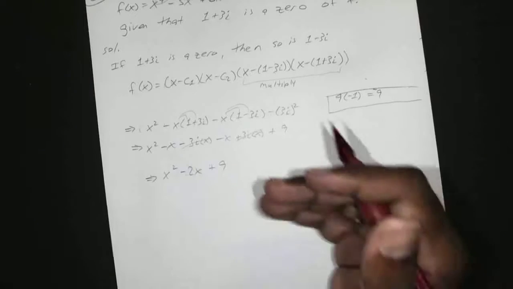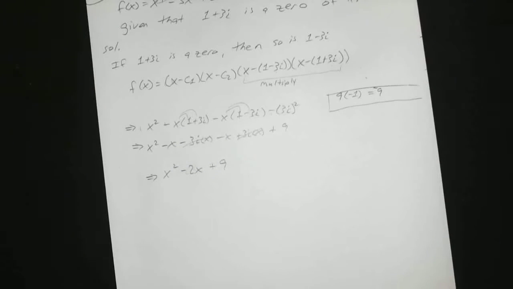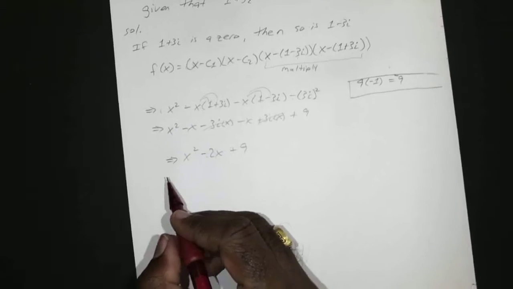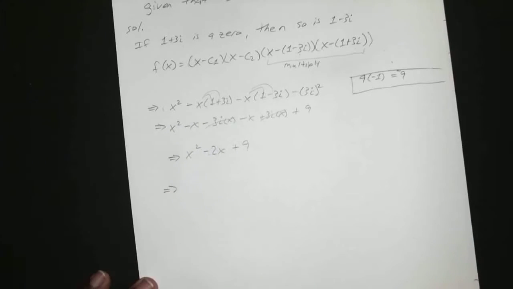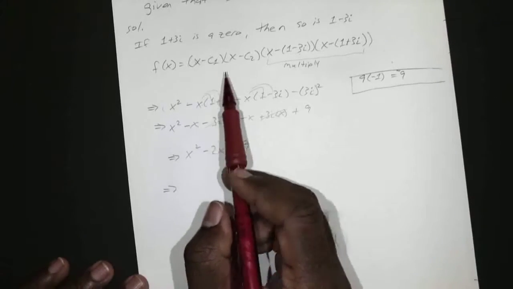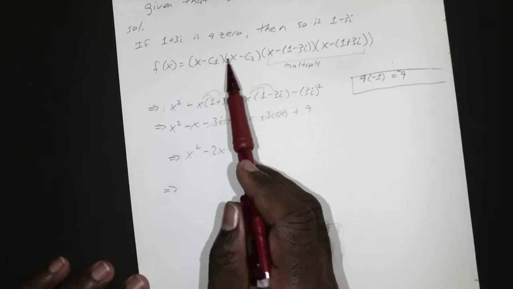All right. Okay, so we have x squared minus 2x plus 9. Okay, so that means, wait a minute. See, I'm missing something for some reason. Let me double check.